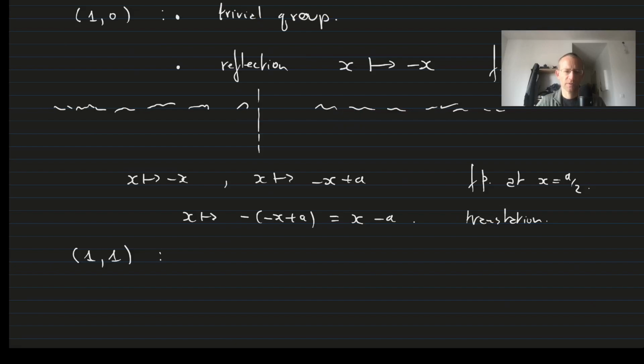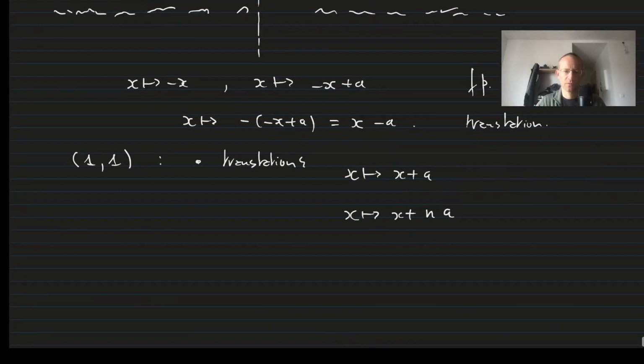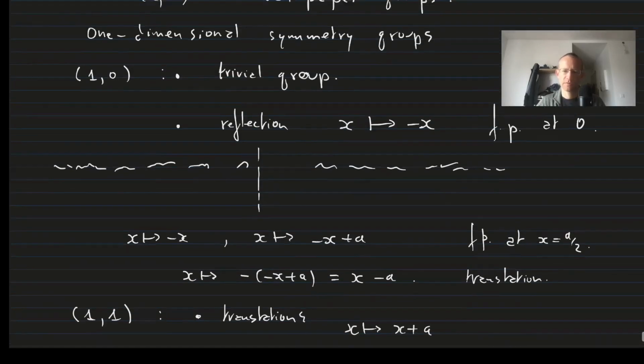So here, the simplest case is clearly we have just a lattice symmetry, so a set of translations. So we have x goes to x plus a, and therefore x goes to x plus any integer times a. So the symmetry group in this case is Z. Of course, the symmetry group in the reflection case was Z2.